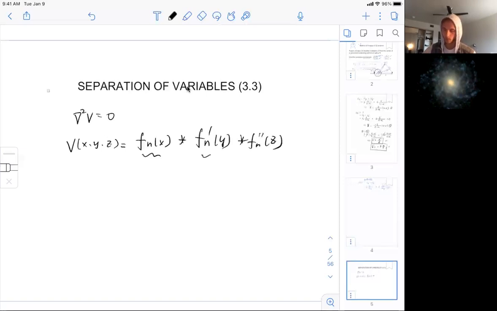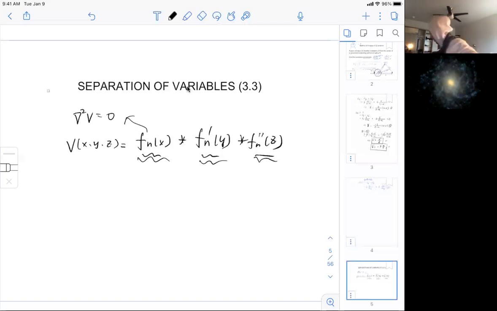But how do you know it is in this format? I would say, well, I don't know if it is, but I'm going to assume it is, and see if I can find such a solution to satisfy Laplace and also the boundary conditions. If I succeed, then I conclude this must be the only physical solution by the uniqueness theorem. So this is what we're going to do.